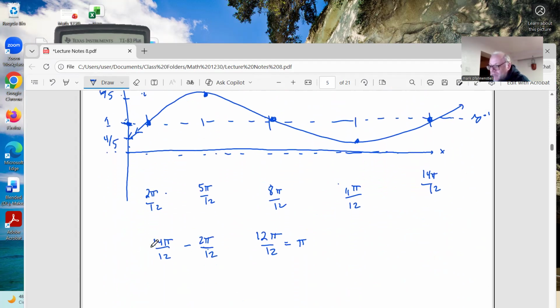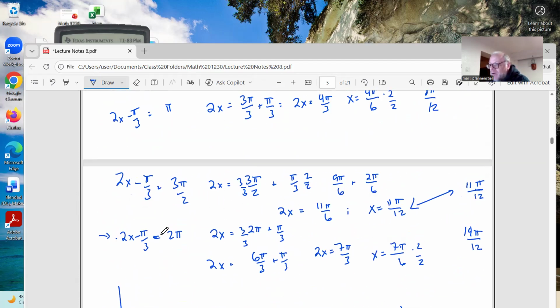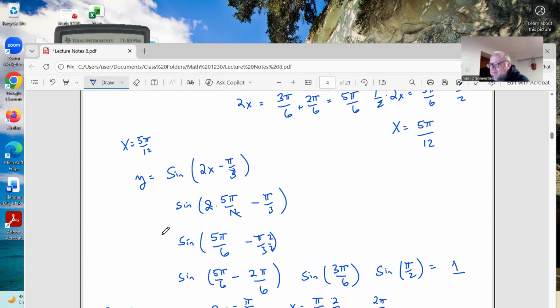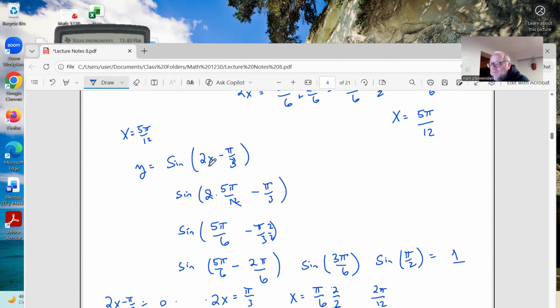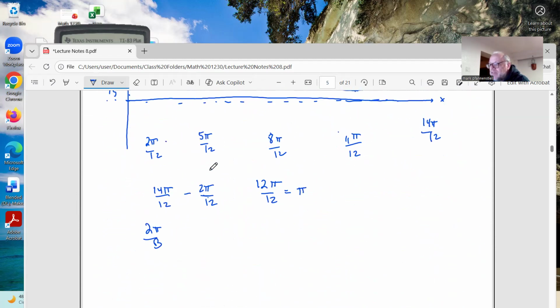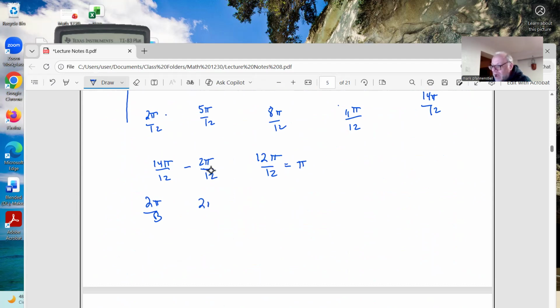Do you remember what the period formula is? It's 2 pi over b. What the heck was b? When I go all the way back up here, my b was 2. So we have 2 pi over 2. Hey, the period is pi. What do you know? These match up. They're exactly the same thing.